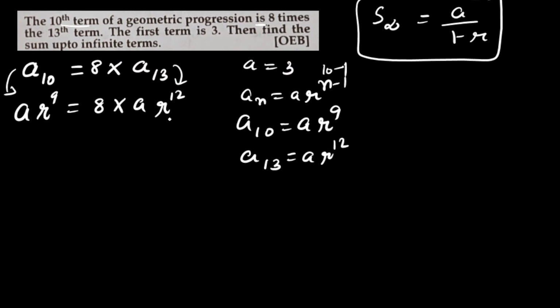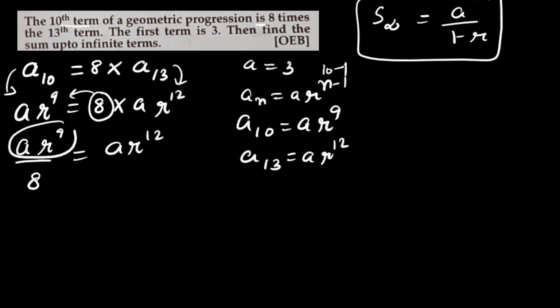Now we can shift terms here and there. AR to the power 9 on one side, and this 8 will shift to the other side, where it will get divided. Here I have AR to the power 12. Let's shift this also to the other side, so nothing will be there. So 1 by 8 is equal to AR to the power 12 by AR to the power 9.